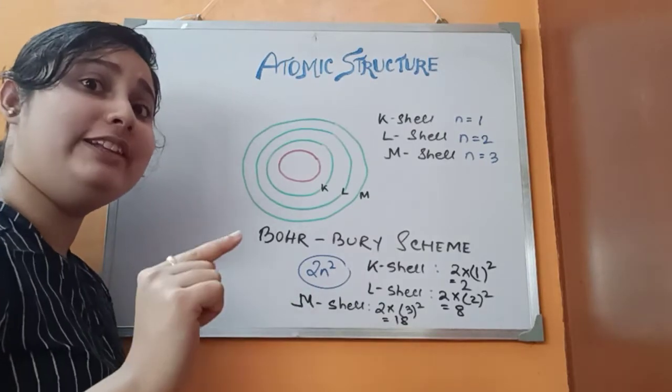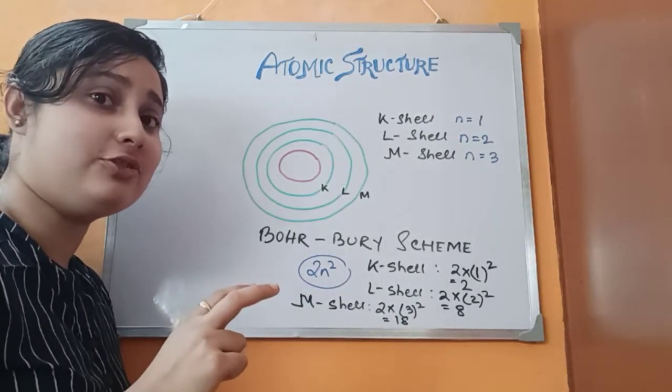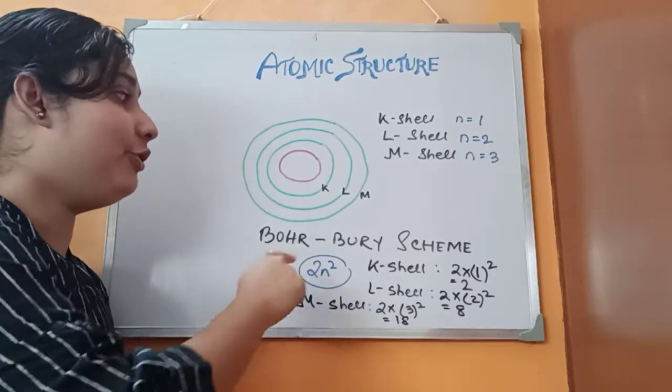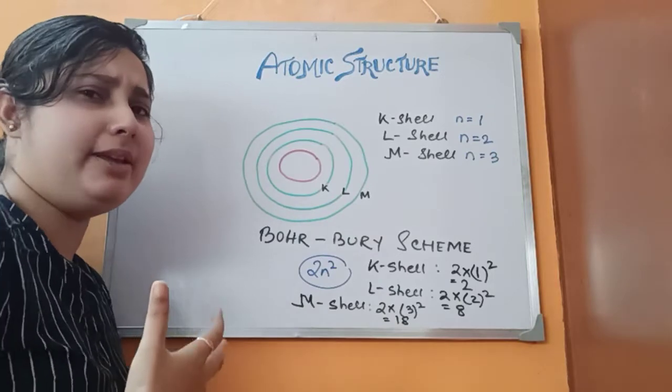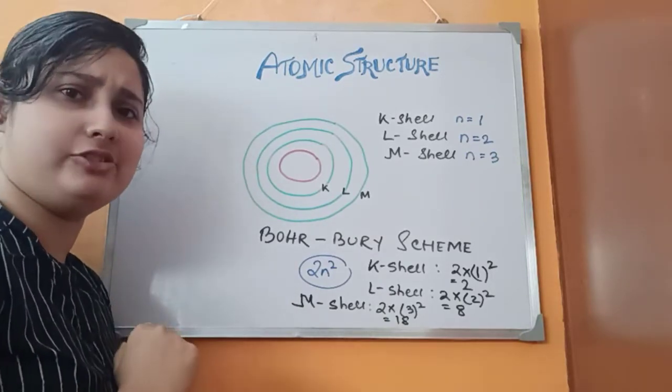The electrons are negatively charged, so they will repel each other. The M shell is not very large in size.